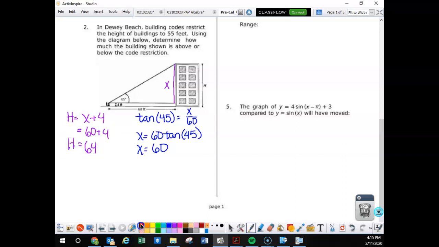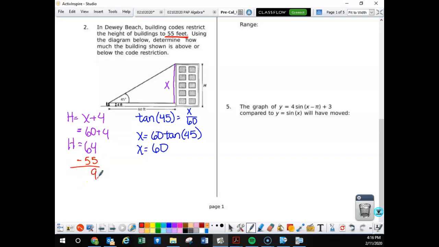But the restriction is that the building must be 55 feet. So we're over that, and we're going to be over that by 9. If I subtract 55, so minus 55, you're going to be left with 9.